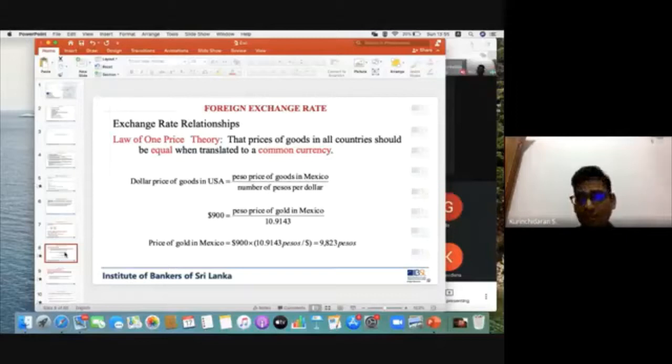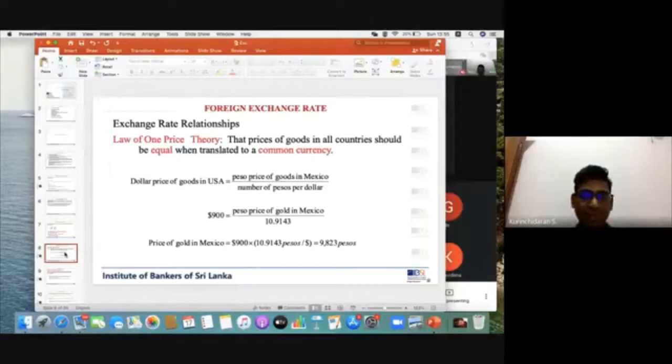So that is the law of one price. If you assess or value a good in a currency, that value should be the same wherever it's sold. A good should have a single price wherever it's sold.